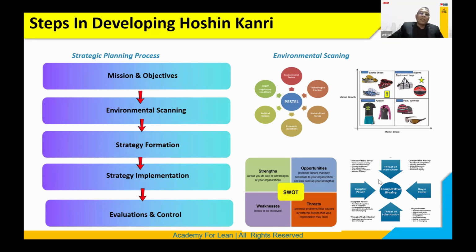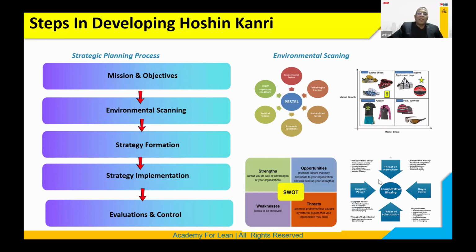Once you set that, it can't be realized without proper strategies, proper alignment. You need to align the entire organization. If you are a group of companies, you need to align your divisions, you need to align your factories. So the entire organization, from marketing to planning to finance, everybody should align to one direction. How would you do that?